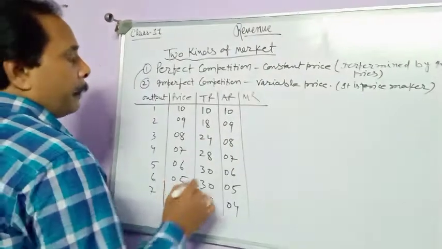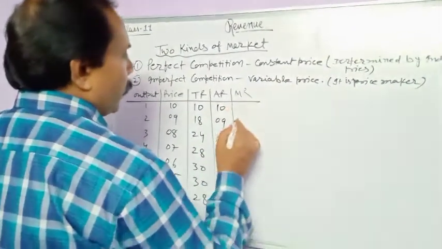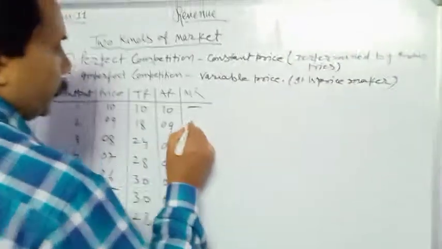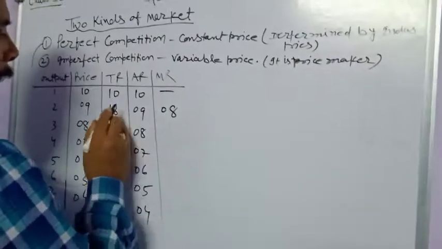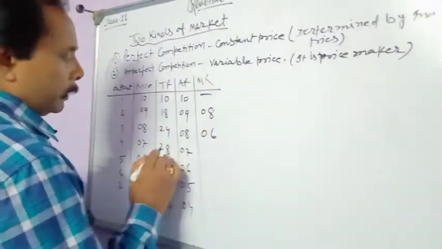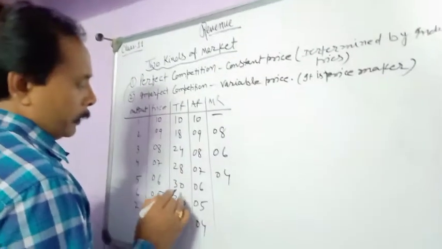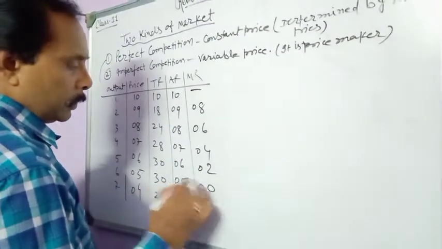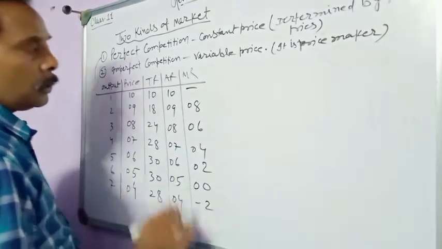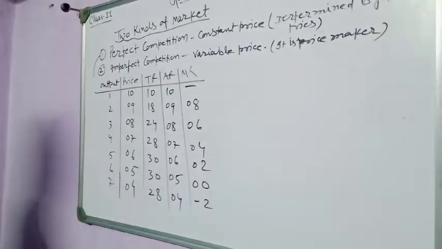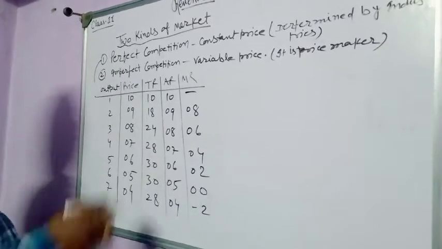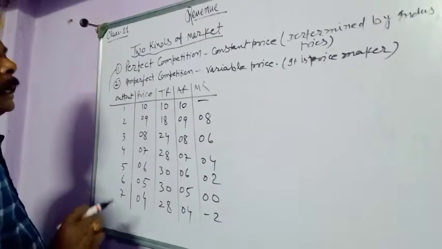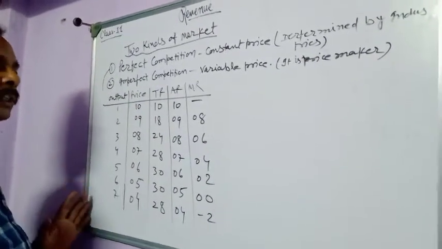And MR, that is the change in TR, is 8, here 6, here 4, here 2, next 0, next minus 2. So what do we find? We find that TR is increasing at a diminishing rate.